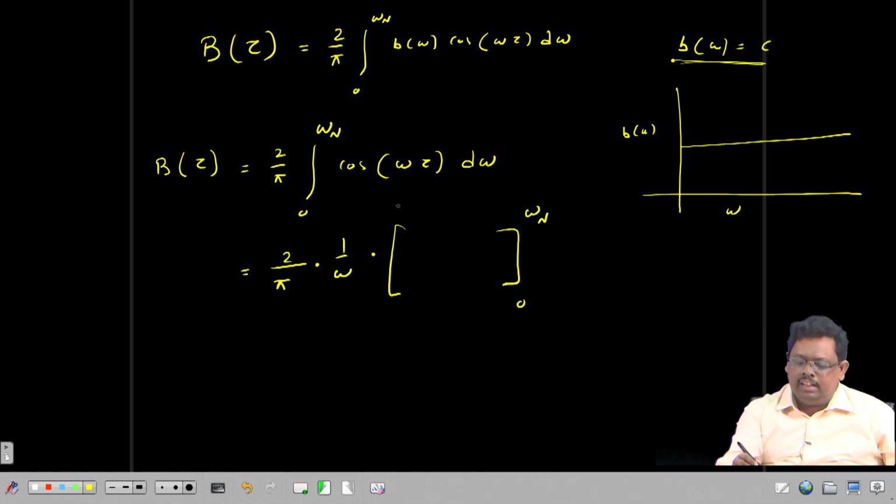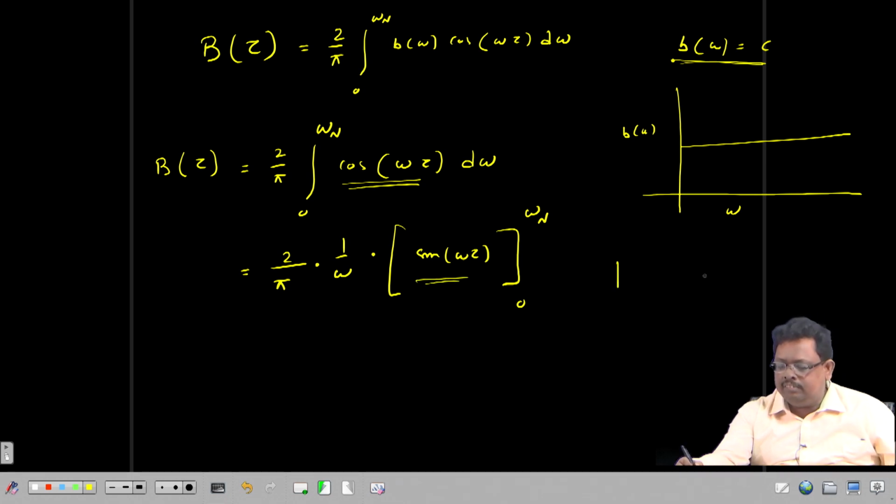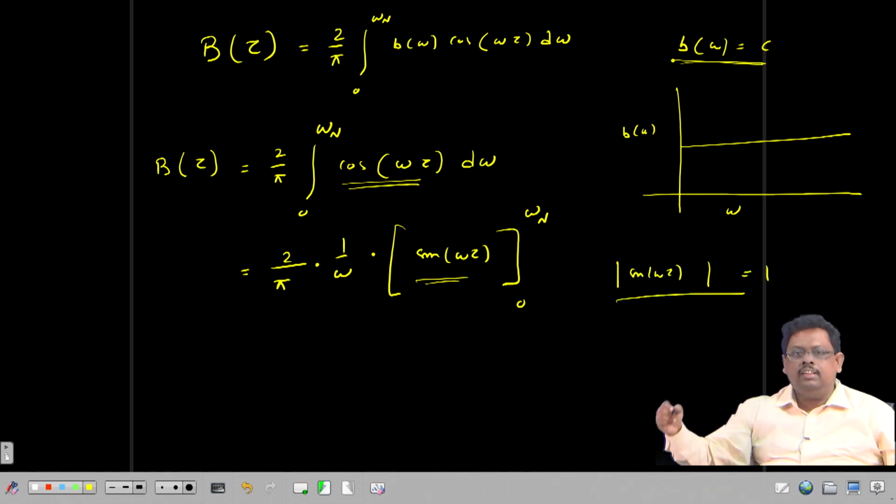This is elementary, I do not care about this. Of course it is a sine function, but I do not care what is here, because I know the modulus of this function is at most 1. So, it oscillates harmonically between minus 1 and plus 1.